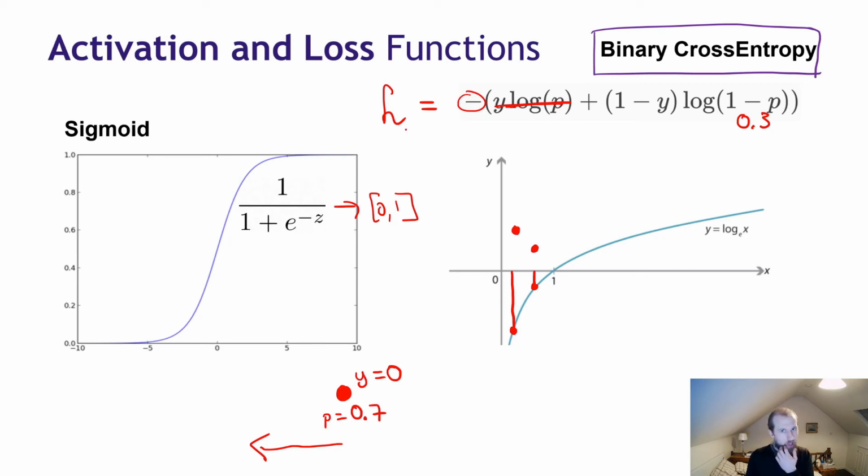And we do this for every single data point in the entire database, and add all of these up. So this will be the sum of all of these points.